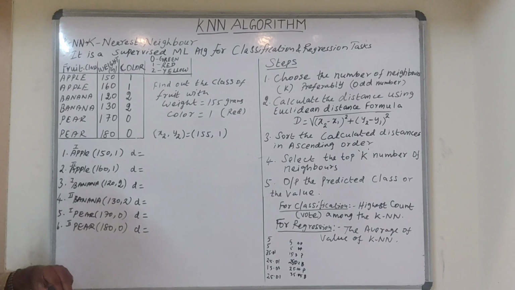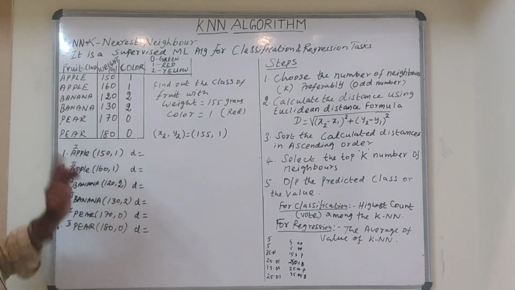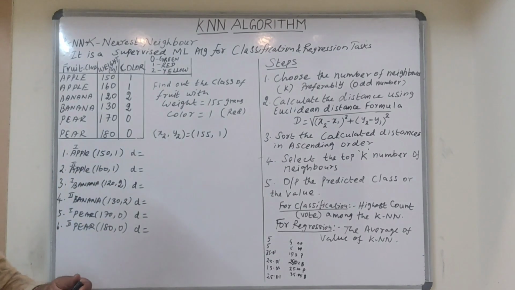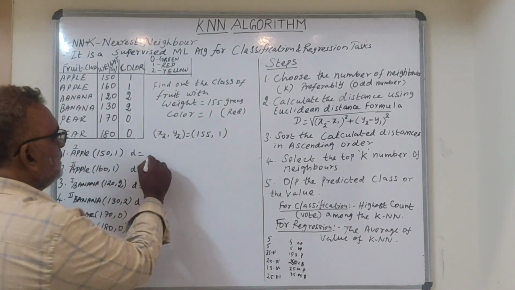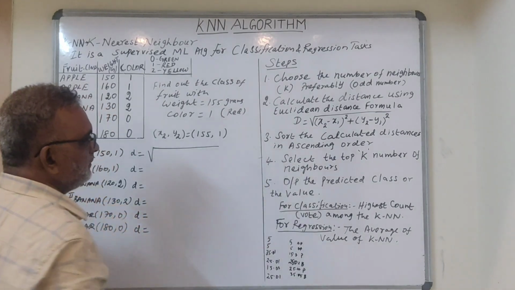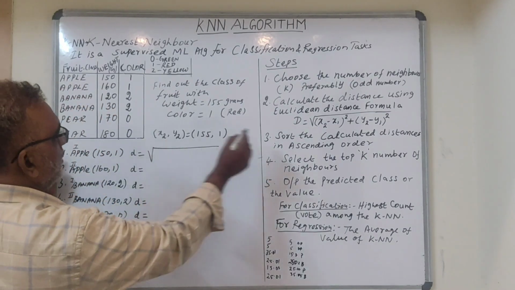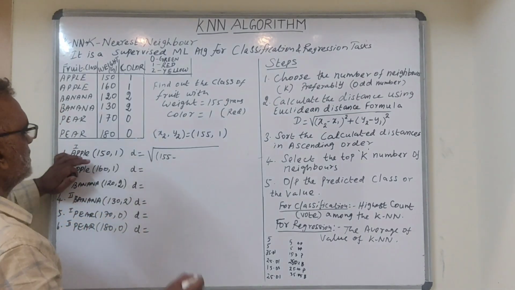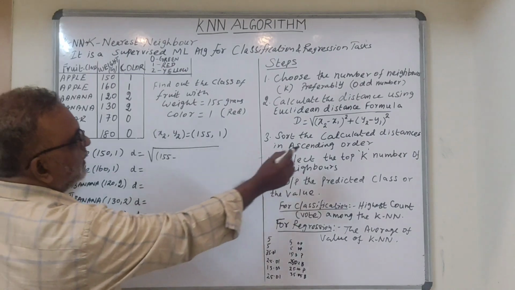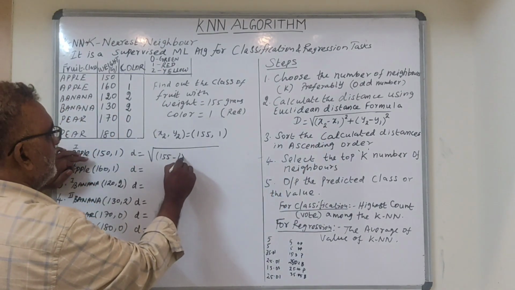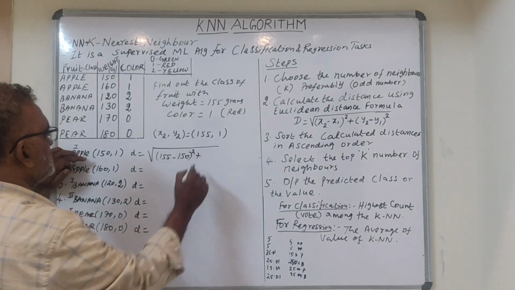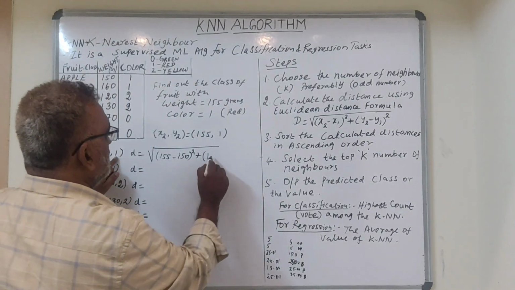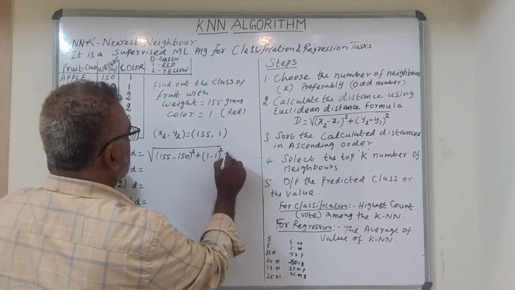For the first one, that is 150 comma 1, we have to calculate the distance. Consider this as x2, y2. Now substitute these values in the formula, x2 minus x1. What is the value of x2? It is 155. x1 is 150, whole square, plus y2 is 1 and y1 is 1, whole square.